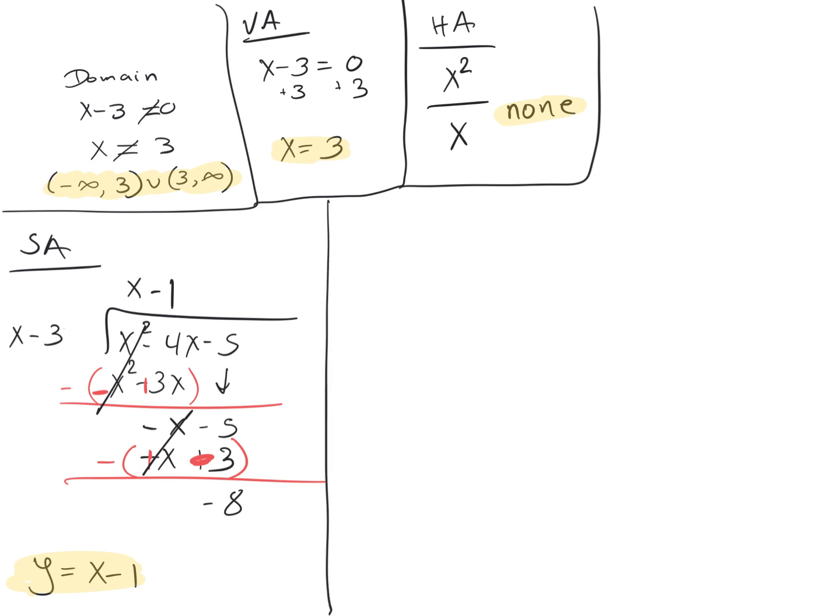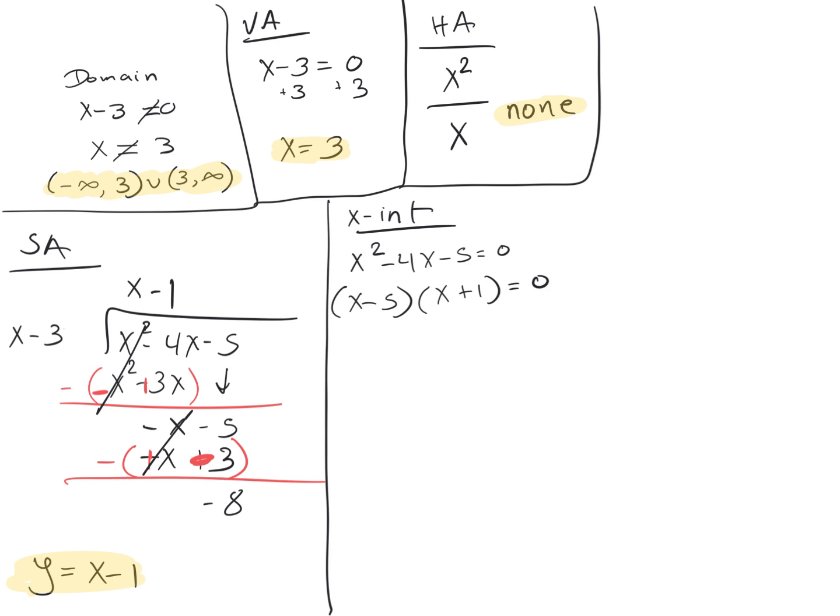Now we're going to look for the x-intercept. That is when we're going to grab the numerator of this problem, which is x squared minus 4x minus 5 is equal to 0, and we're going to factor it. So we're looking for factors of negative 5 that add up to negative 4. So it's going to be x minus 5, x plus 1 is equal to 0.